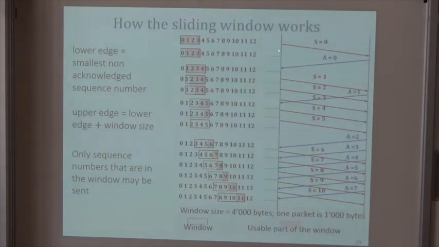For example, here I assume I have a window of 4, or let's say 4,000 bytes, and every packet is 1,000 bytes, so it's exactly 4. The window in TCP is in bytes, because in the resequencing buffer, we put things per byte. So the size that matters is bytes. But to simplify the story, I would say it's 4 packets here.